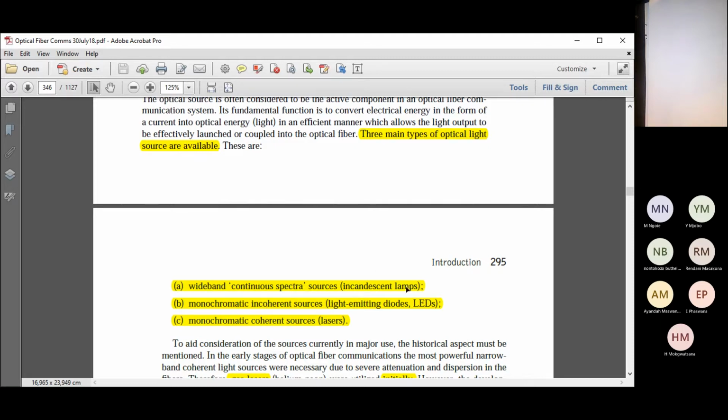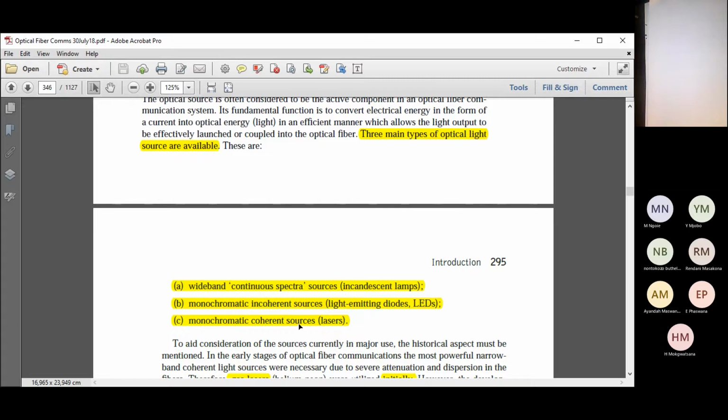Now, monochromatic incoherent sources are like LEDs. They can also be sources. And then also monochromatic coherent sources, which are lasers. So there are different lasers available. Remember, they are coherent. LEDs are incoherent.